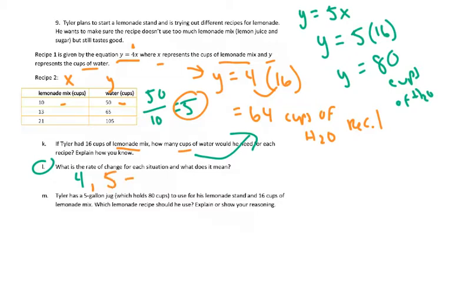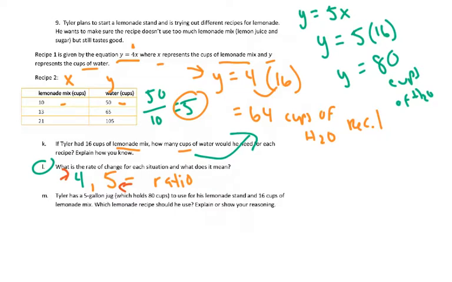And this has to do with the ratio. This number, this is the ratio. You know how when you're mixing something or cooking something, you have to have a certain amount of one thing in order to make the other part of the recipe taste good. Well, this is basically telling you that you need 4 times as much water as lemonade mix, or you need 5 times as much water as lemonade mix.